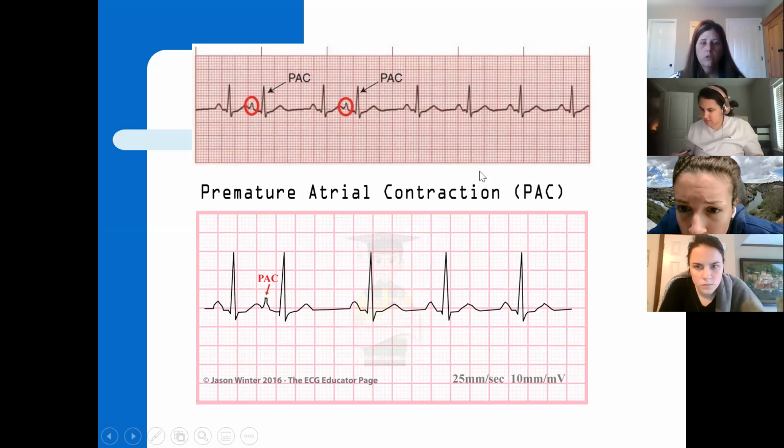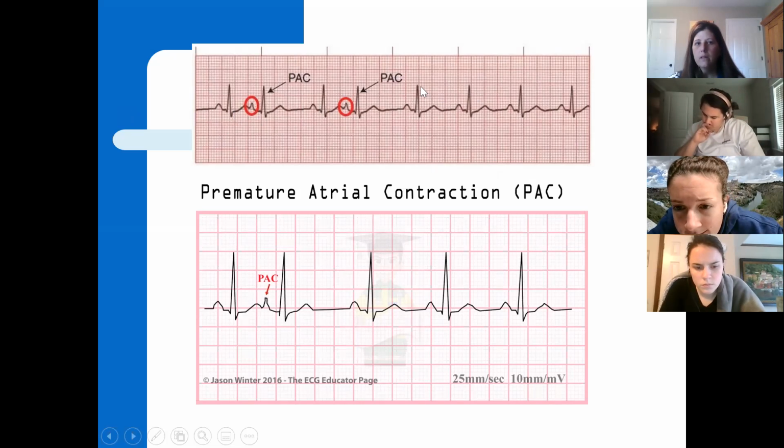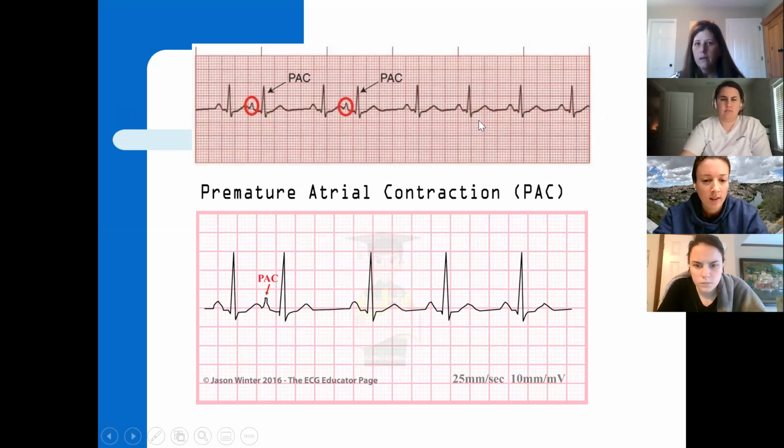Okay. That should work. So I would like to have more over here, but if we counted the R to R here, that's what you're doing. You're figuring out, this is my normal rhythm, right? This looks normal to me. Everything looks nice.